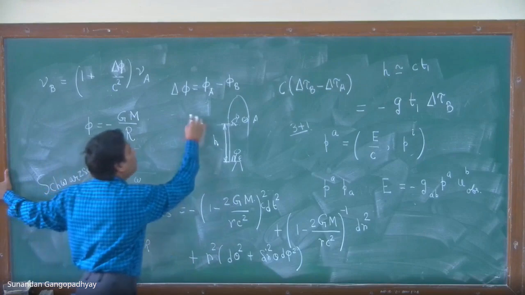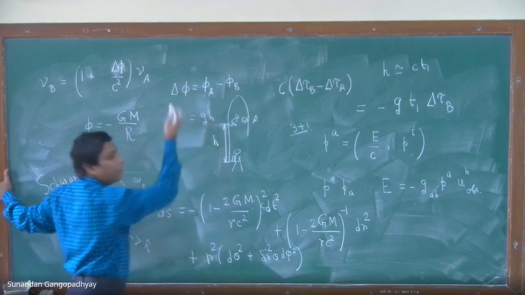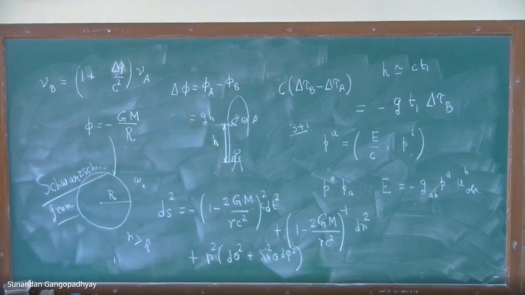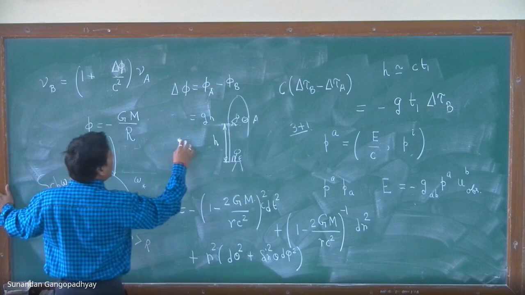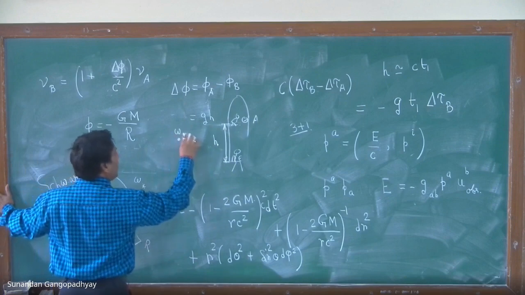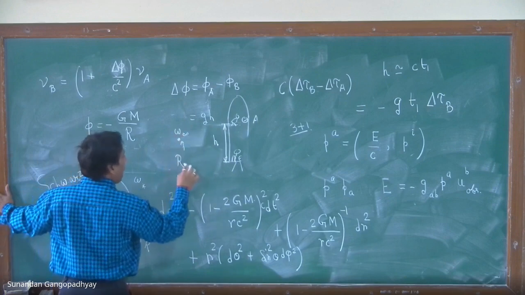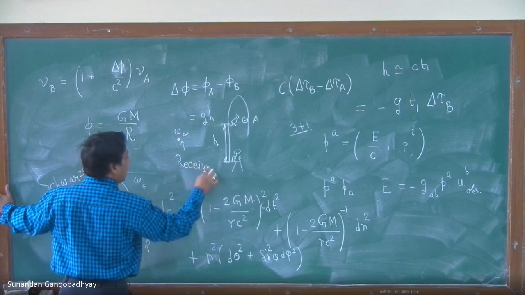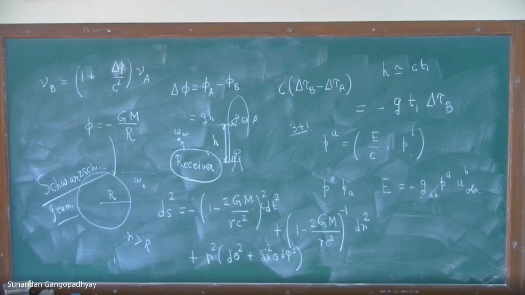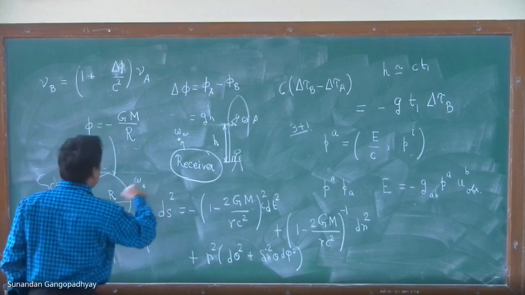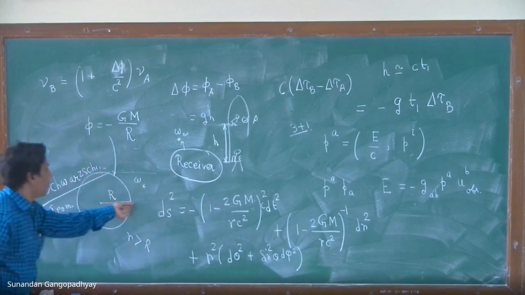And that is equal to gh, the gravitational potential difference in a uniform gravitational field. Now you can see that here also the guy who is at infinity is the receiver. He is receiving these signals which are emitted from the surface of the star.